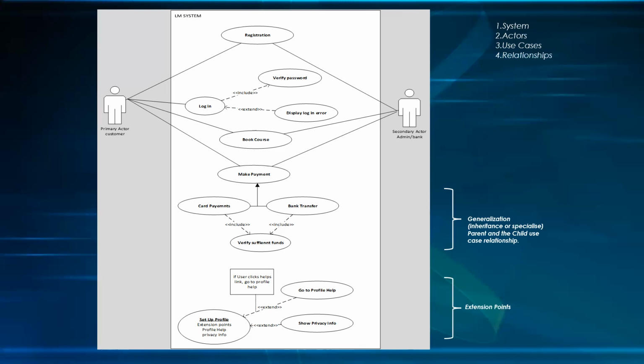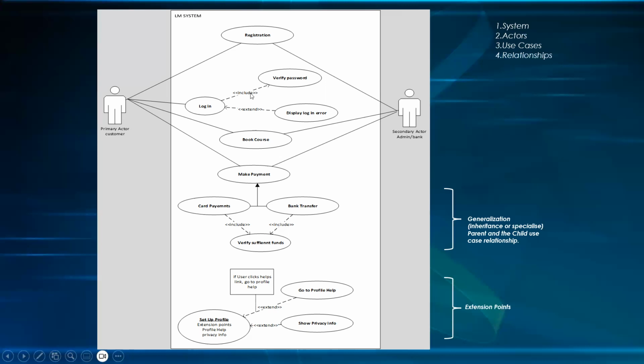Now, I think there's a line that I missed here. There's supposed to be a link from here to the bank. I think I missed that line. So here we have the actors. We also have the system, and we have the use cases, and we have the relationship, which is this solid line, which is the association.